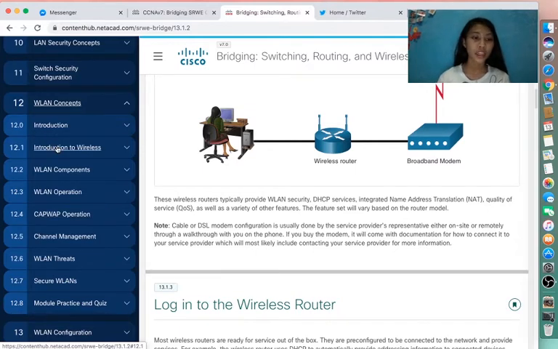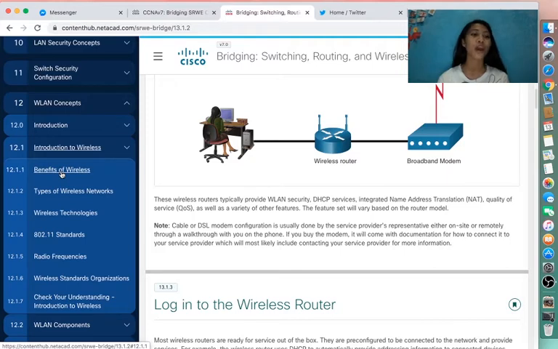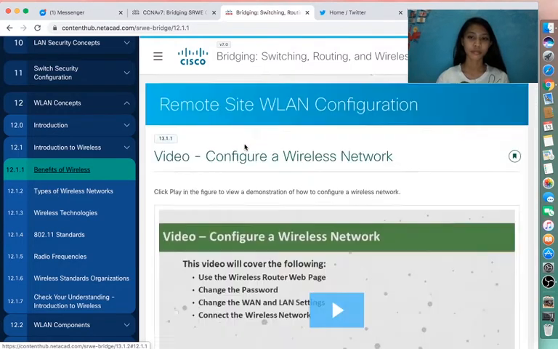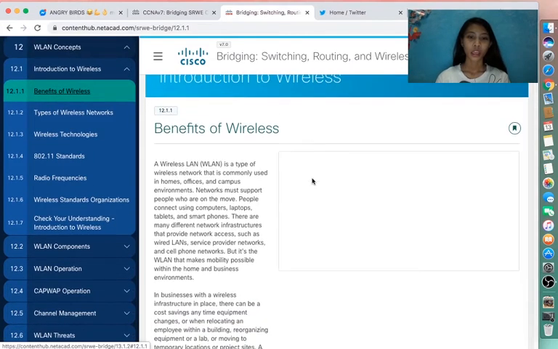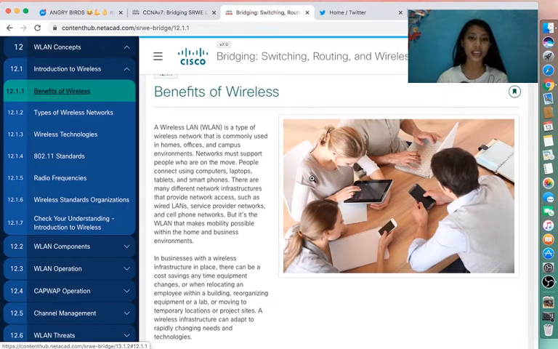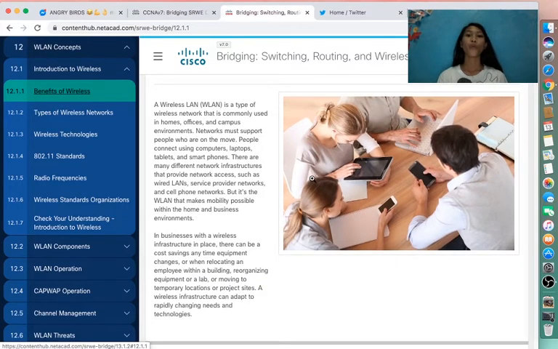In this introduction to wireless, we have benefits to wireless. It's all about what benefits we can get for our wireless devices in our routers, switches, and in short, in our networks.